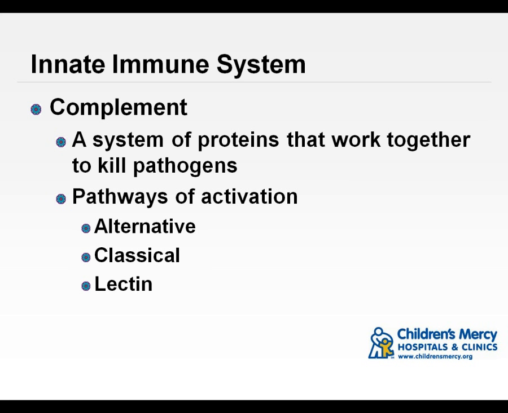So the complement system can get started via 3 pathways: the alternative, the classical, or the lectin. We're actually only going to talk about the alternative and lectin today. In this part, we're just going to talk about the innate immune system. That classical, of course, is activation by antibody, and that bridges over to the adaptive.